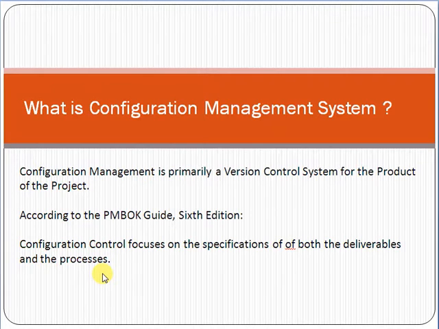One more example I want to give you, just to give you an understanding of the configuration management system. Maybe you know that in the Second World War, the Germans were defeated by the British and Americans. One reason was that the tanks of the German army were not working properly. They were having some problems.